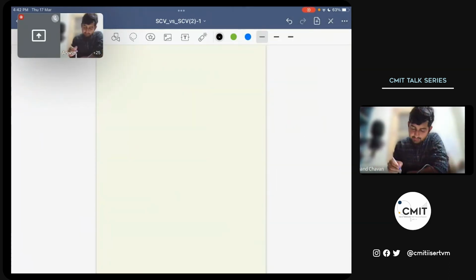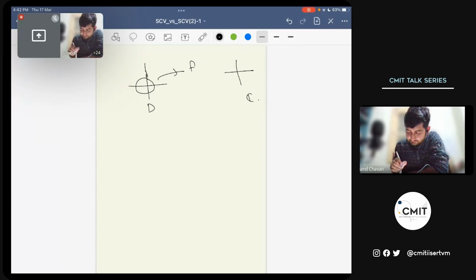So consider a disk. I'll define a function f from a disk to the complex plane. Let me define f of z equal to 1 over z. Now observe that at the point z equal to 0, the function is not holomorphic. It's unbounded, right?